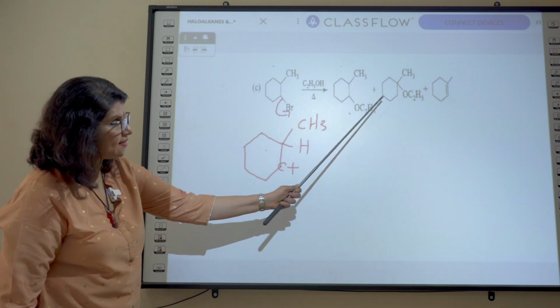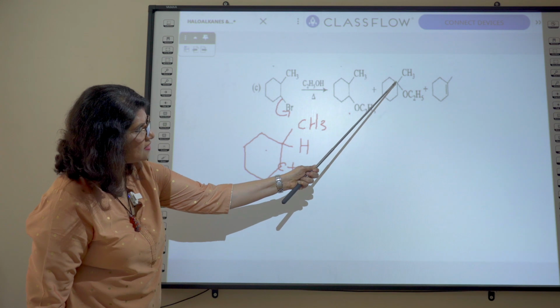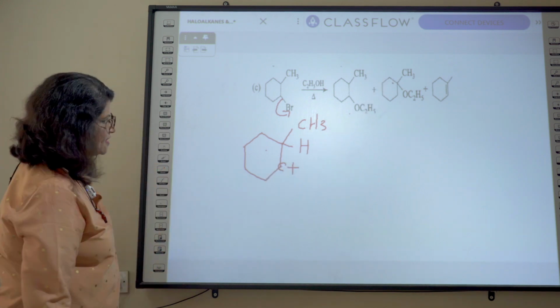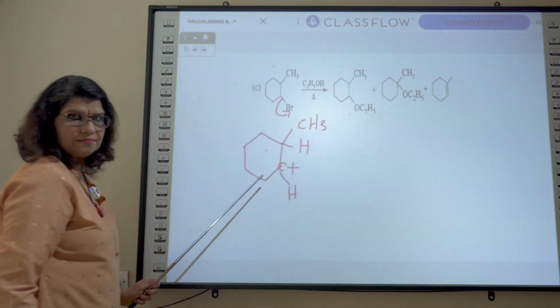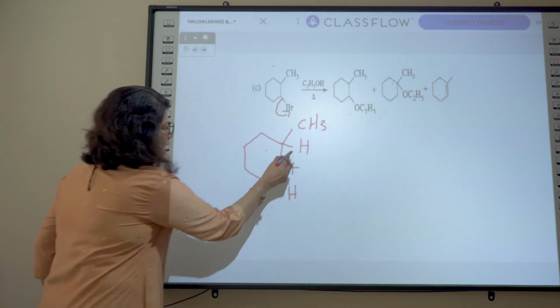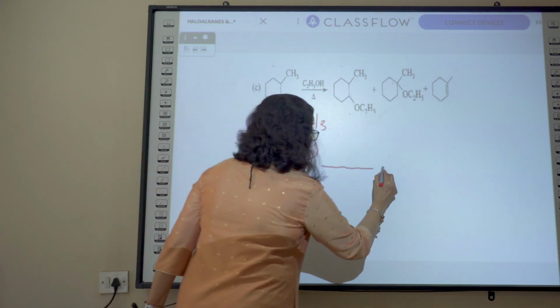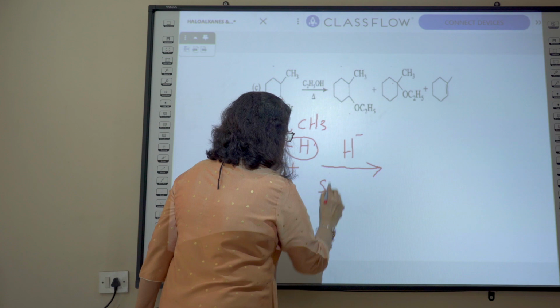Now, to understand this, it is very evident that there is a positive charge on this carbon atom. So, some kind of a shift has occurred. What is that shift? Here this is also a secondary carbocation. What kind of a shift can happen? The methyl group is intact. So, a hydride ion shift, an H minus shift, occurs.